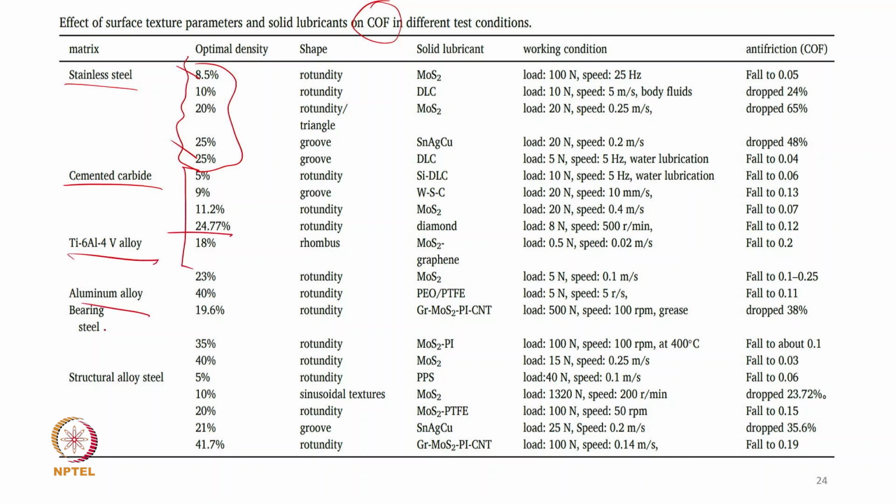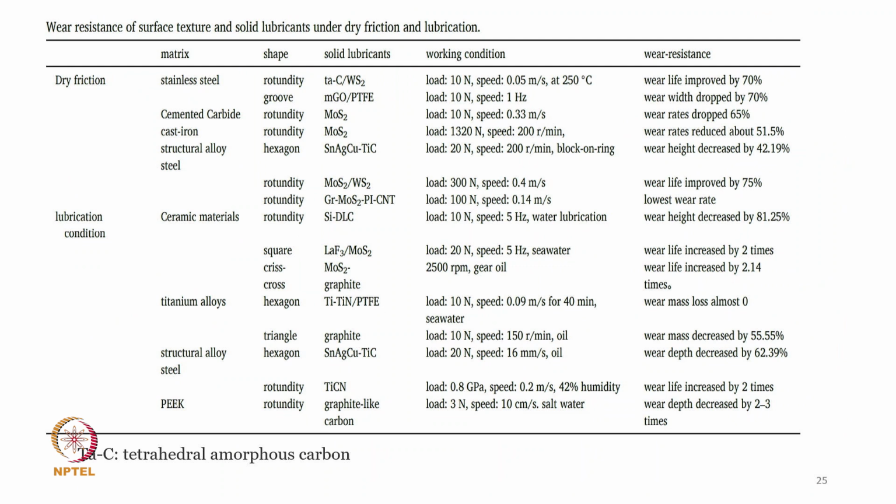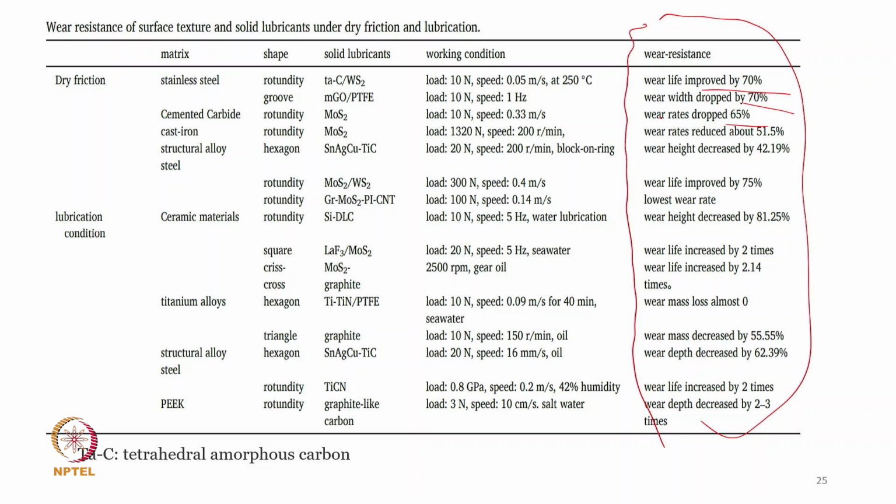So we have a lot of literature available on these textured surfaces, and they are able to show that in every case the coefficient of friction is coming down. The same thing happens in every case with wear rate coming down. You can see here wear life has improved by 70%, wear width has dropped by 70%, and wear rate has dropped by 65%. Under different load conditions we are getting this kind of results.